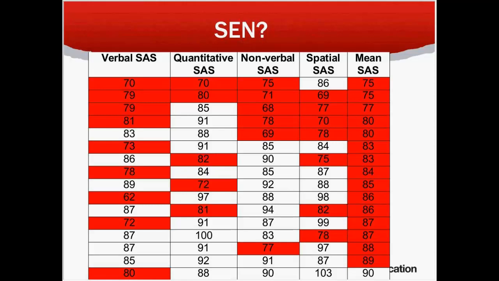If we then look at individual scores, so for verbal, quantitative, non-verbal, and spatial scores, if we look at scores there that are 82 or below, those give us a real indication that there's an issue in that particular area that we need to investigate specifically. So you could pick a mean of 89, but then you can look at the individual batteries and look for scores at 82 and below that might have significant issues in one particular area.